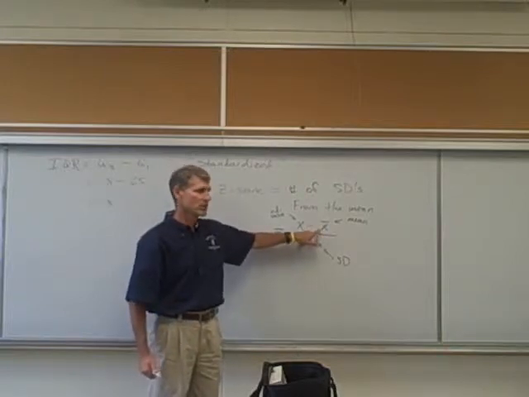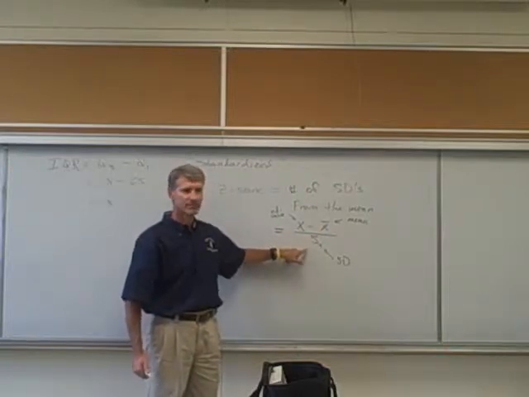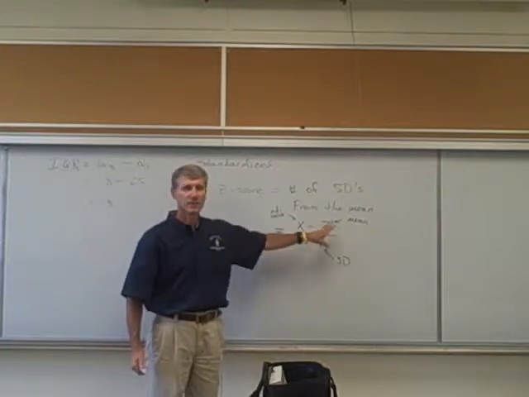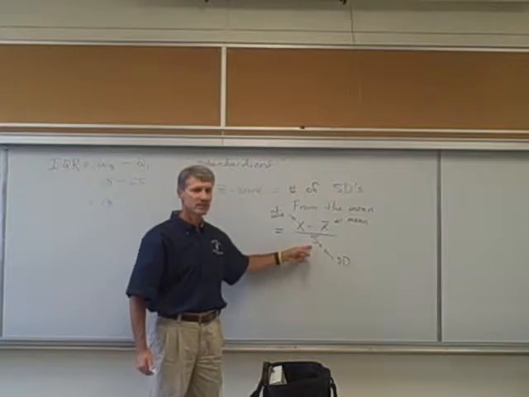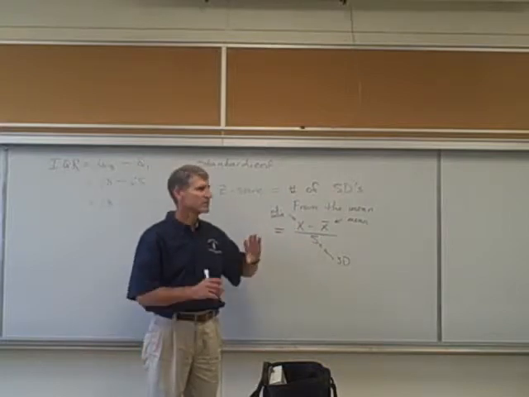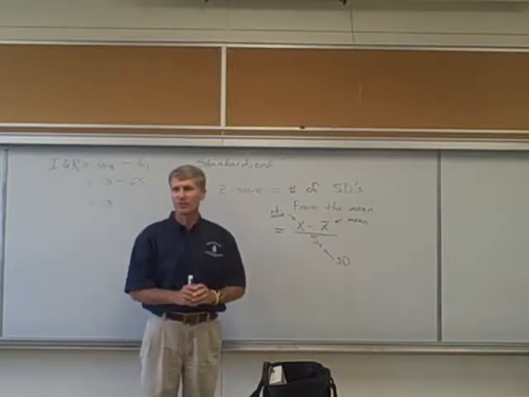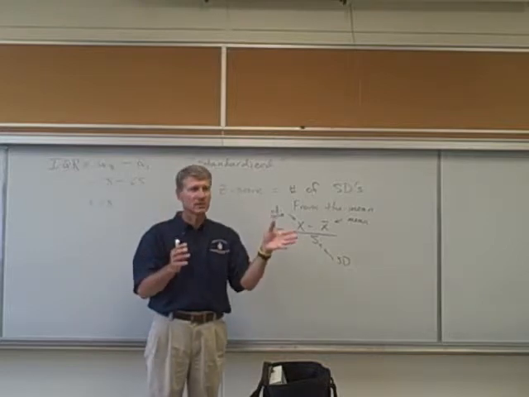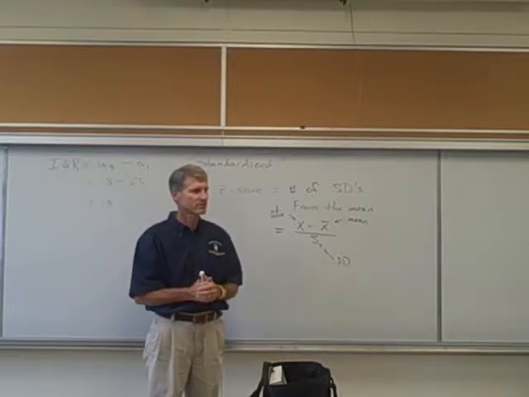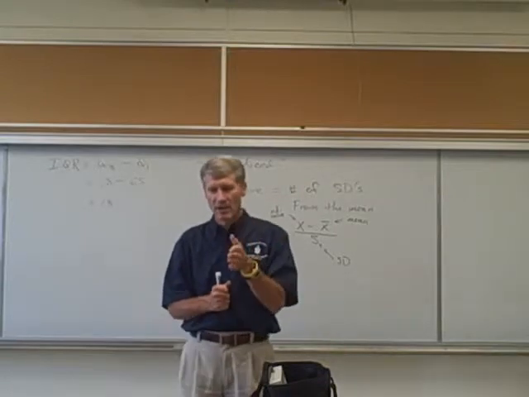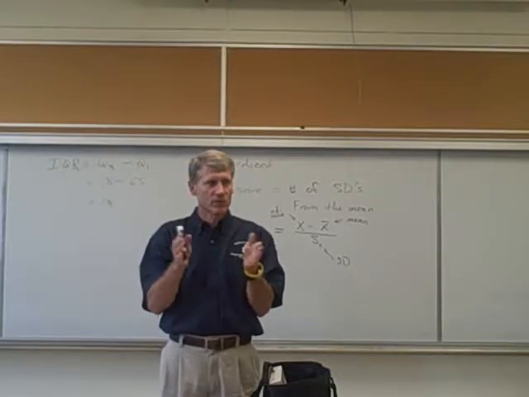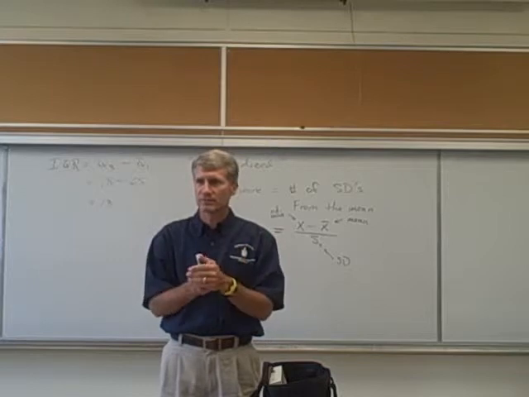Sometimes you'll see it with mu and sigma, which means they're using population mean and standard deviation instead of sample, but it's still called a z-score and computed the same way. It's just the value minus the mean divided by the standard deviation. And what it lets you do is compare individuals from different distributions.